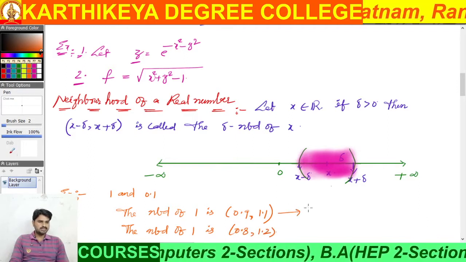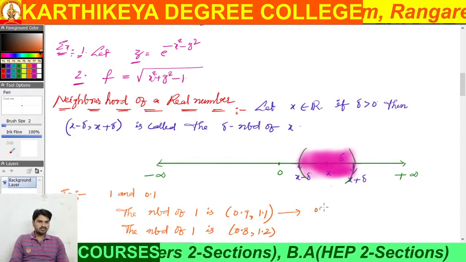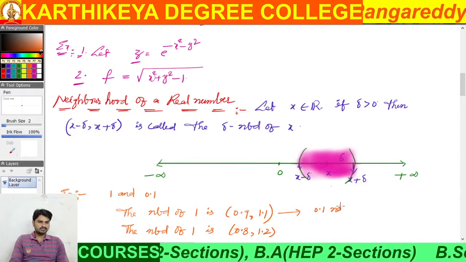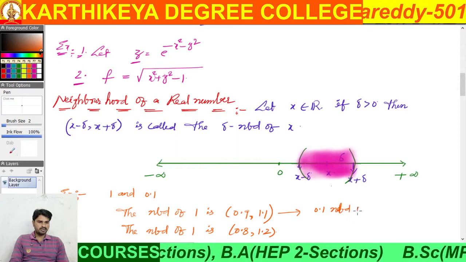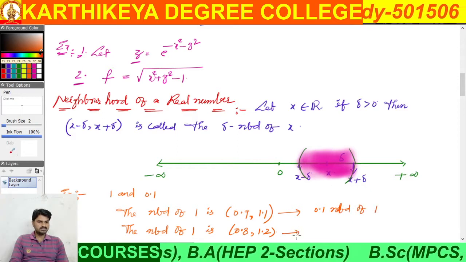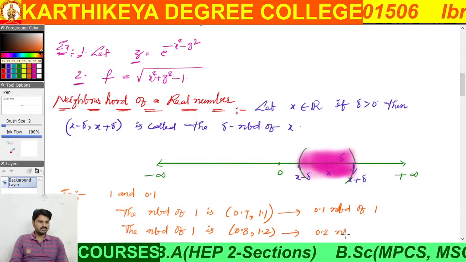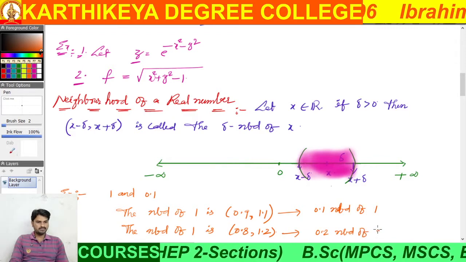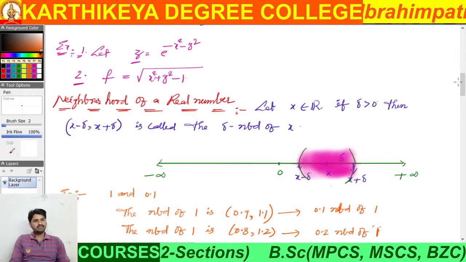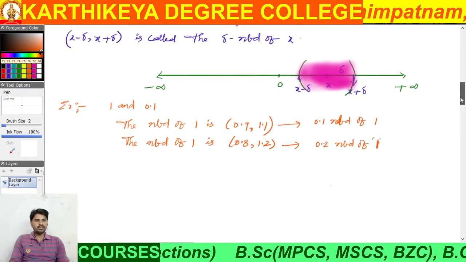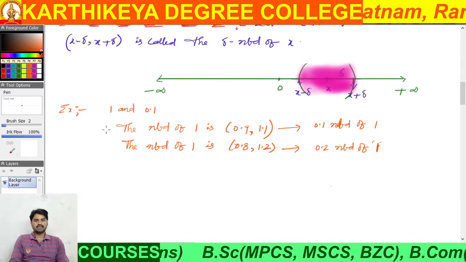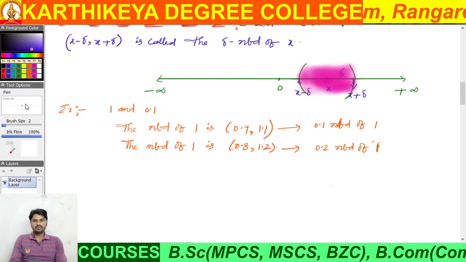So this is the 0.1 neighborhood of the number 1. This is called the 0.2 neighborhood of the number 1. Like that there are so many neighborhoods for a real number. We have to write the note point here.